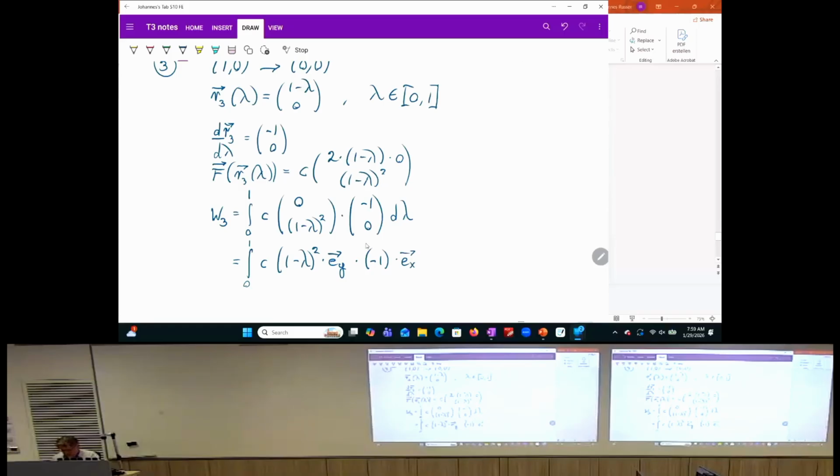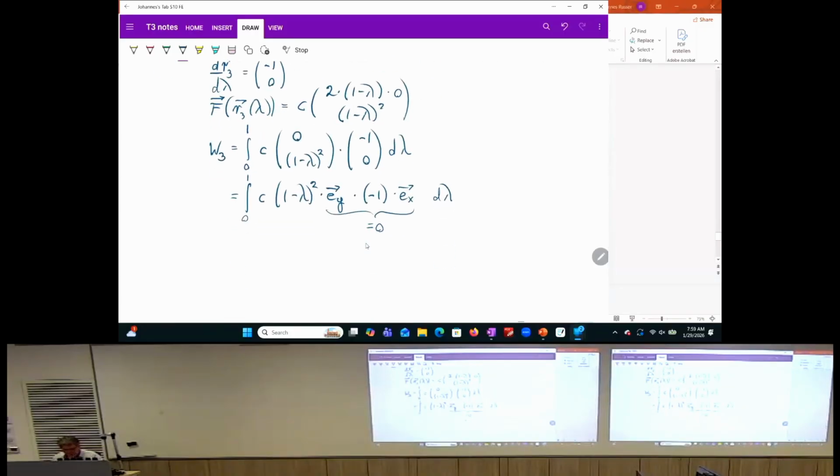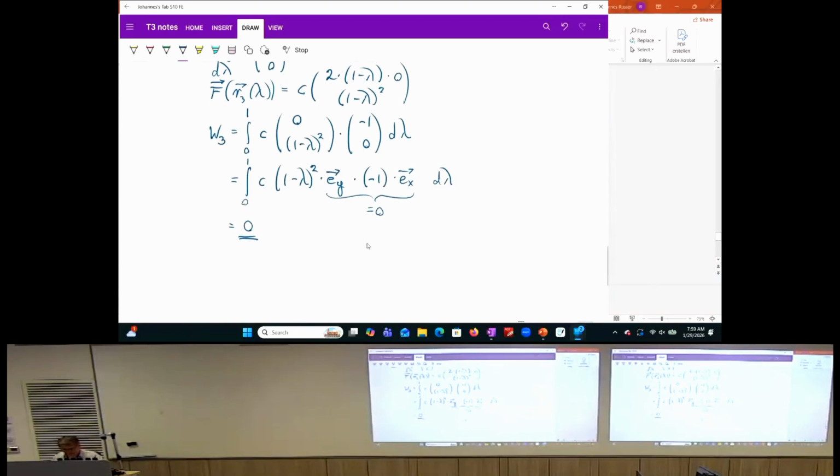So you see you get EX and EY here, this is 0. Could have seen that also right away from the line above. So this gives you no contribution. And then you have your total work, which is W1 plus W2.